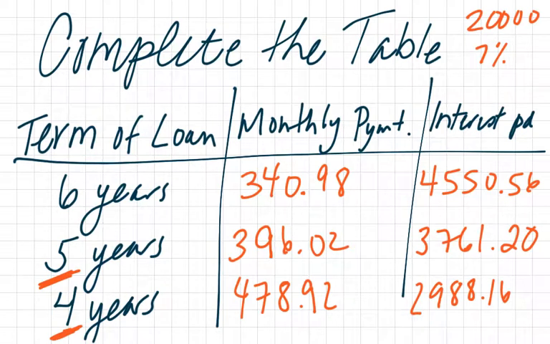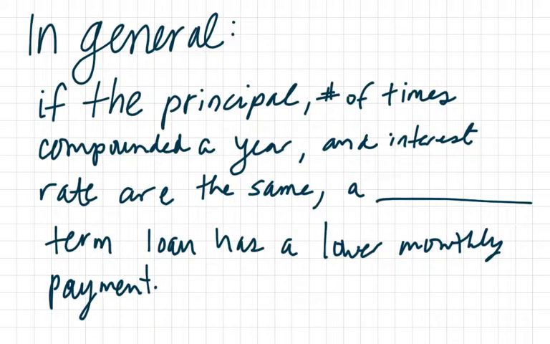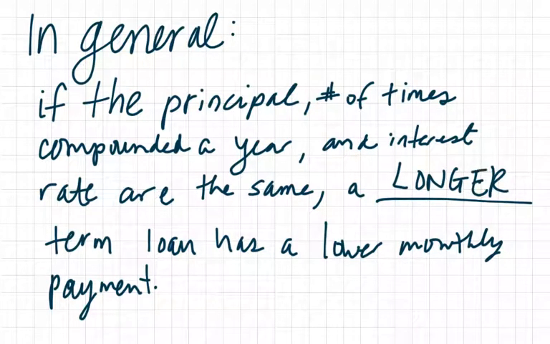We saw that here because the longer term allows you to pay over a longer period of time, so the total amount you end up paying gets divided over more monthly payments, and therefore you have less to pay each month. So if you want a lower monthly payment, you want to get a longer loan.